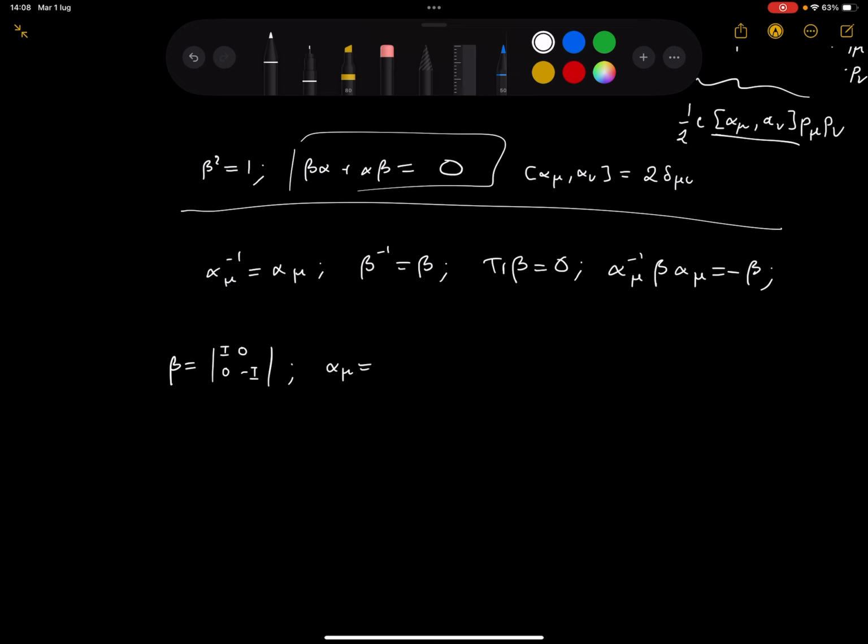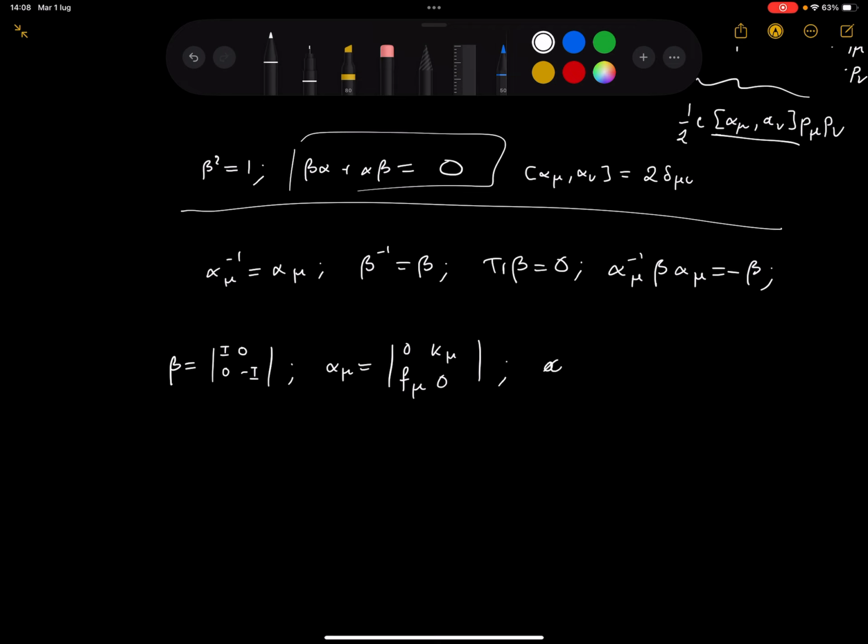Alpha mu is equal to 0, some coefficient, let's call it, I don't know, k mu, and f mu, null.